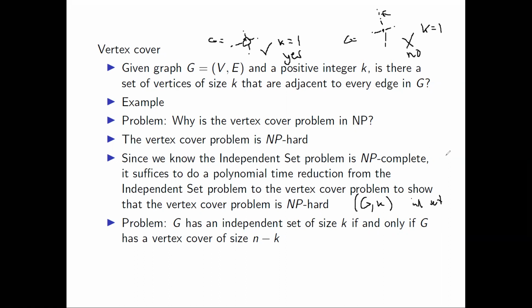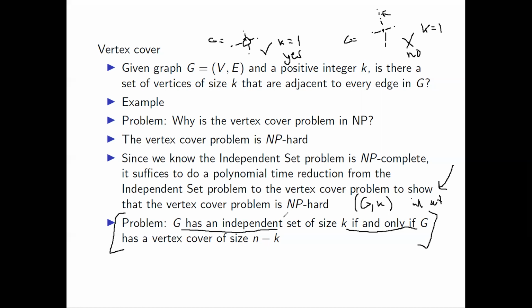And I leave that as a problem for you to think about. But given the if and only if right here, if we want to answer whether or not this instance is true, so does G have an independent set of size k, we can just ask the oracle for vertex cover: does G have a vertex cover of size n minus k? If the answer is yes, then the answer for this one is yes.